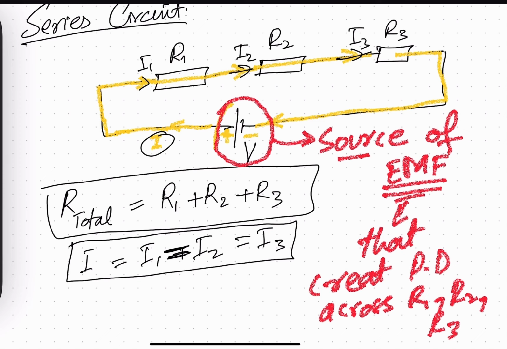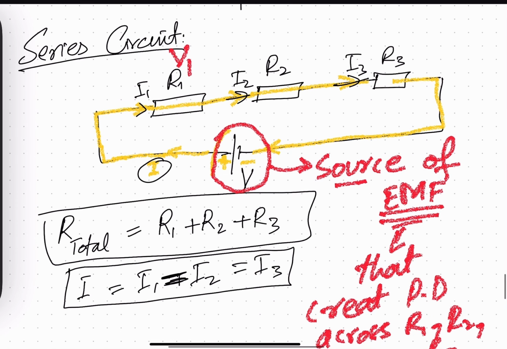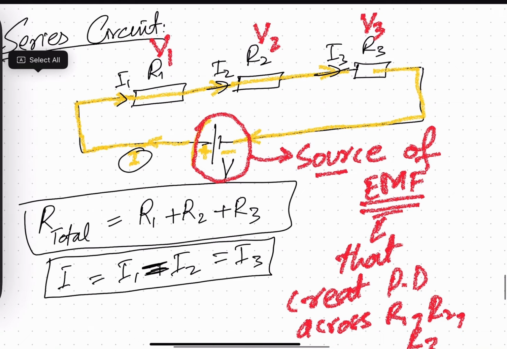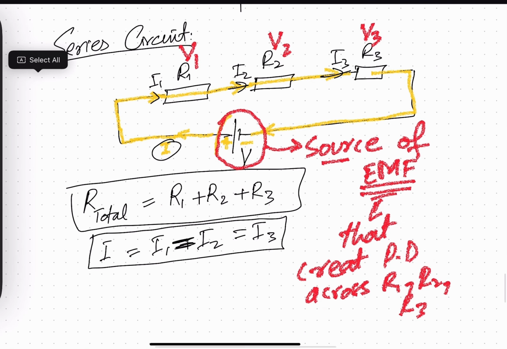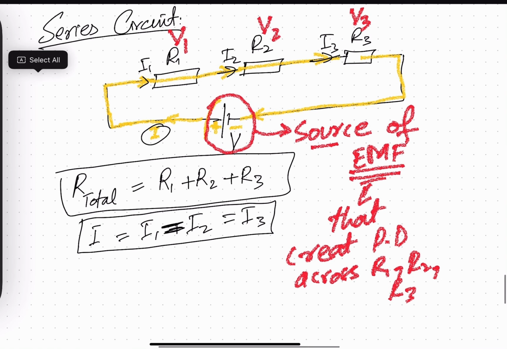So the total EMF, the energy provided per unit charge, will be divided into three components. One is V1, this will have V2, this will have V3. They can have the same values, they can have different values, it depends on their value of resistance, but their sum should be equal to the source. Let's suppose you have 100 rupees and you have distributed it among your three siblings.